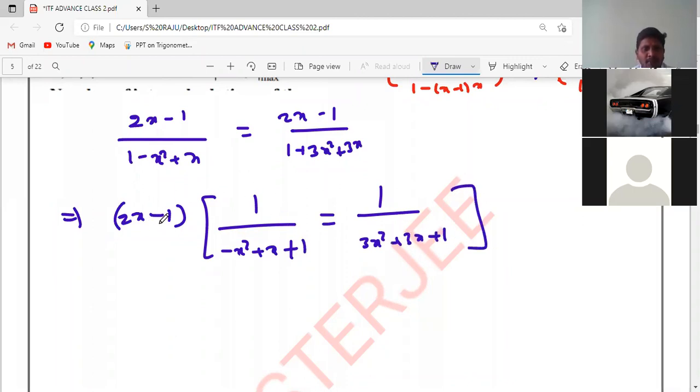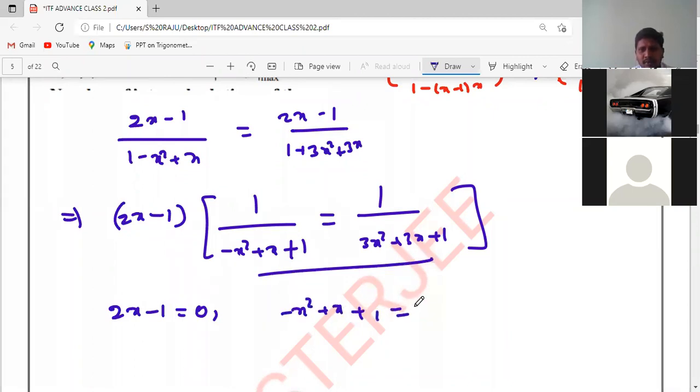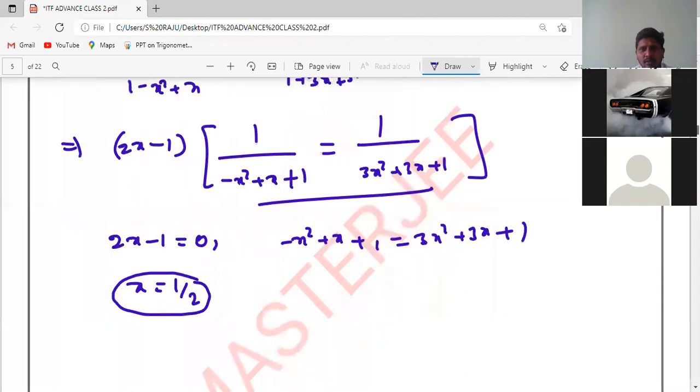Can I take it like this? If I multiply both sides by 2x minus 1, we get the above equation. Here I want to equate 2x minus 1 to 0, and equate these two. So you can write the reciprocal: minus x square plus x plus 1 is equal to 3x square plus 3x plus 1. Now from this, we get one of the x values, 1 by 2. Clear? 2x minus 1 is equal to 0, then x is equal to 1 by 2.